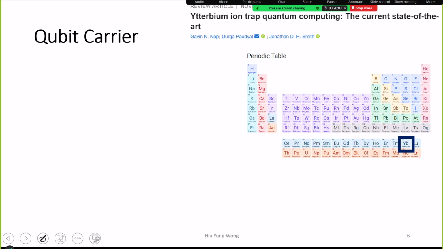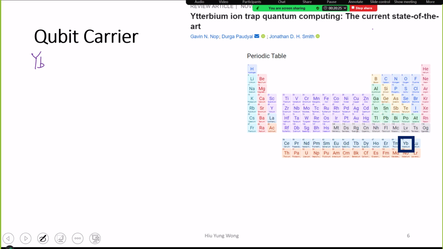First of all, not every ion is suitable to use for a trapped ion quantum computer, right? So one of the commonly used ones, I'm not sure if this is the state of the art, but let's just learn the basics, is ytterbium.